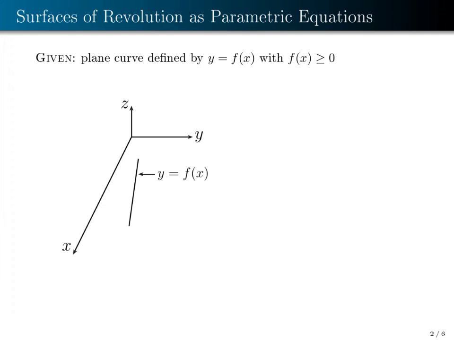Suppose we have a plane curve defined by y equals f of x with f of x non-negative, as shown in the figure. Consider the surface generated by rotating this curve about the x-axis.